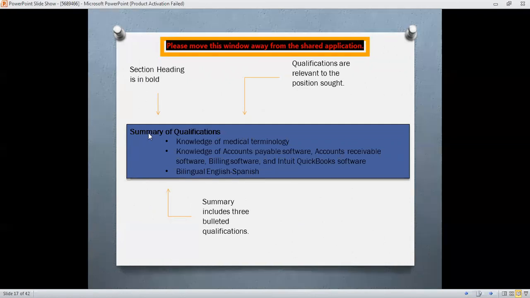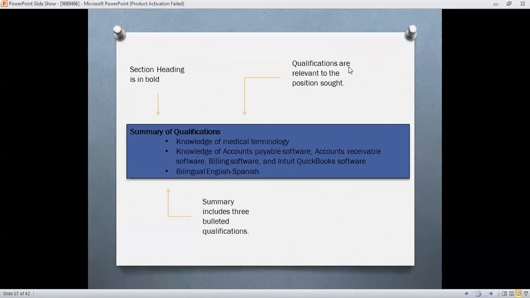This is your section heading: Qualifications relevant to the position. Knowledge of medical terminology because he is applying for the medical office job. Knowledge of accounts software, billing software, and QuickBooks software. So you can mention software knowledge which is relevant to the position.